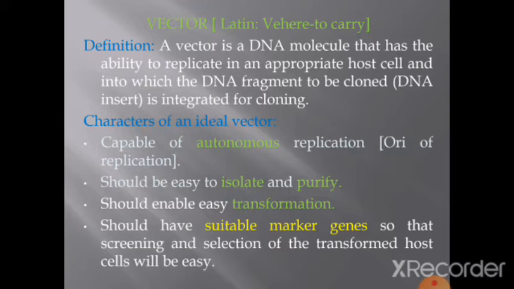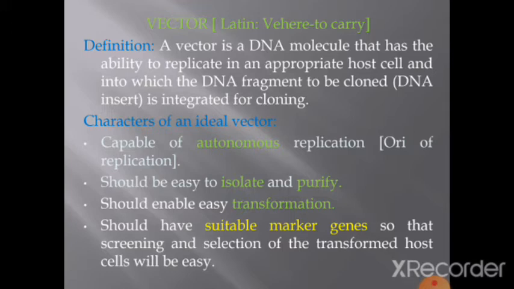Here you should note two things. One is a vector should have the ability to replicate in an appropriate host, whether it is a bacterial cell or a plant cell or an animal cell. And one more thing is it should be able to successfully integrate the DNA fragment of our choice in which we are interested to bring about gene cloning.